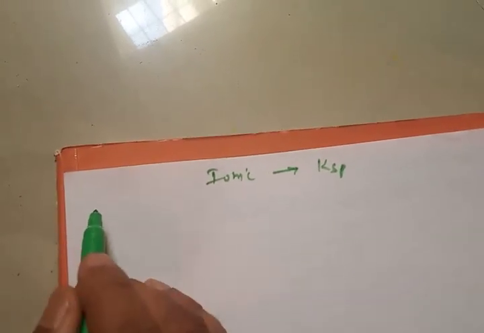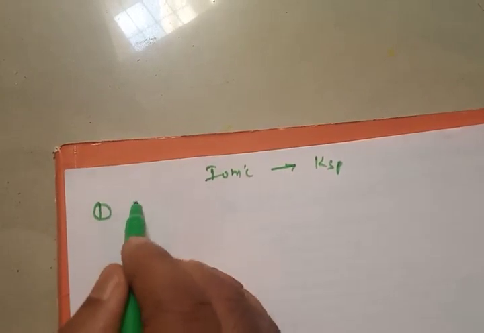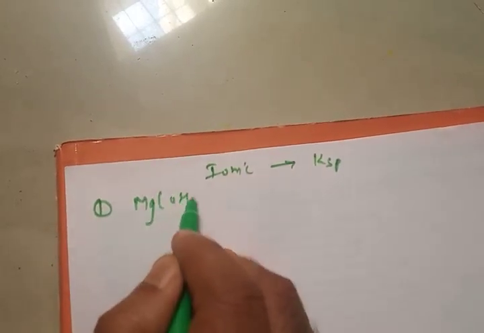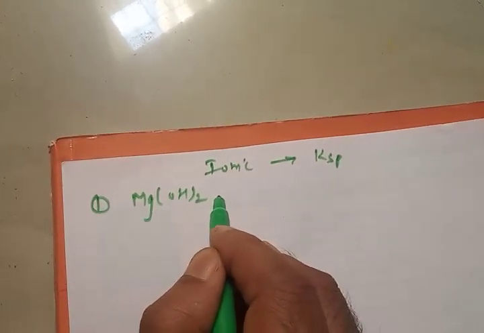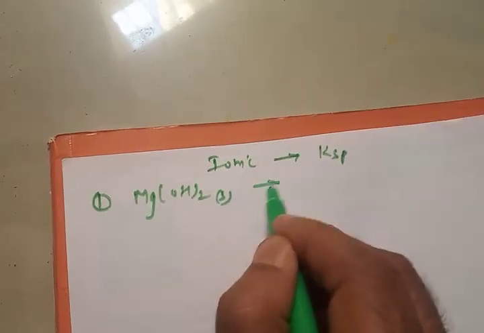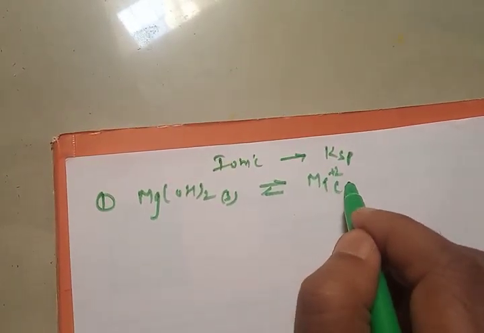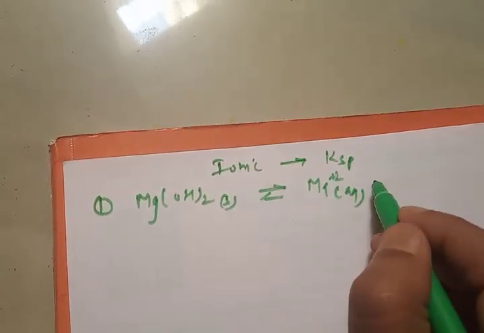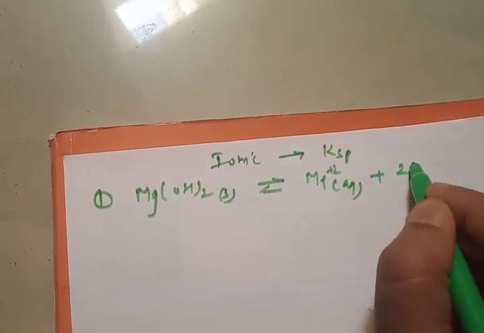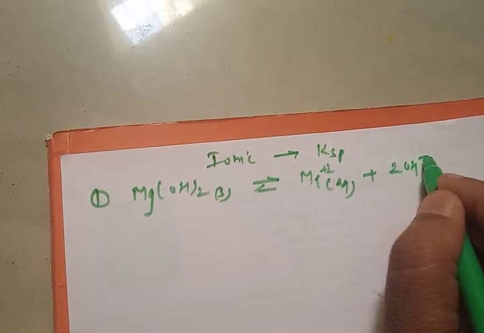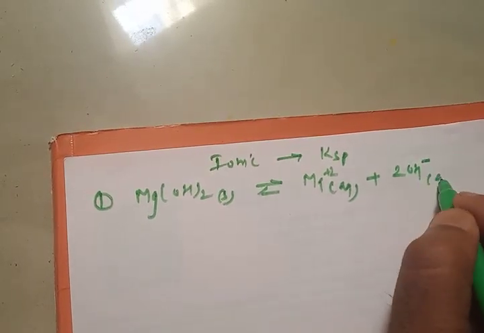Okay, so let's give an example to you. The first example: Mg(OH)2, this is in solid form, and this is dissociating into Mg2+ aqueous and 2OH- aqueous.